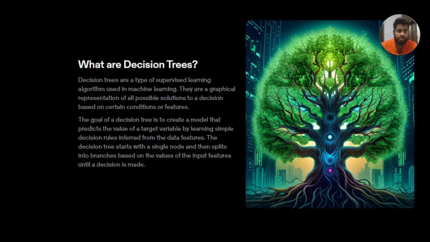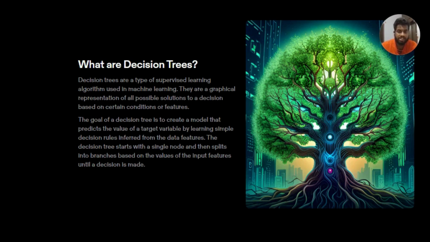So the first question whenever we start with anything is, what is that thing? Since we are talking about decision trees, what are decision trees? Decision trees are a type of supervised learning algorithm used in machine learning. They are a graphical representation of all possible solutions to a decision based on certain conditions or features.